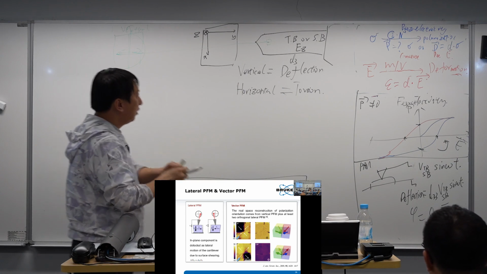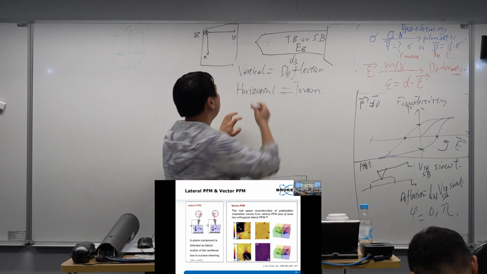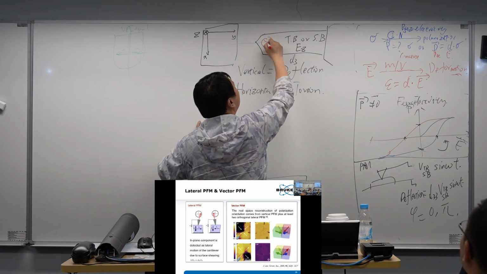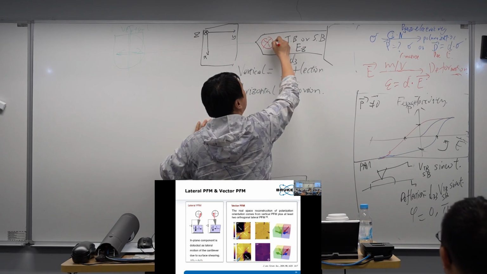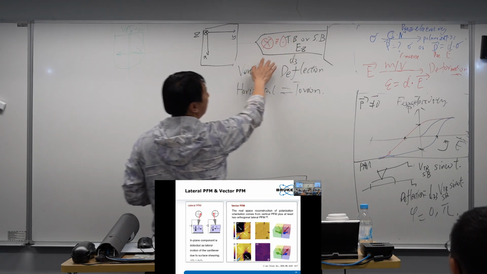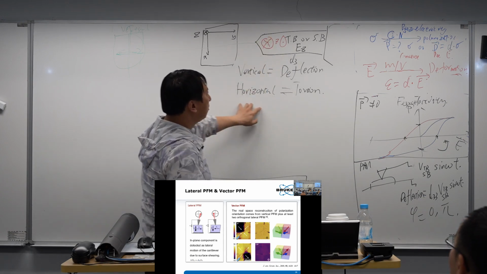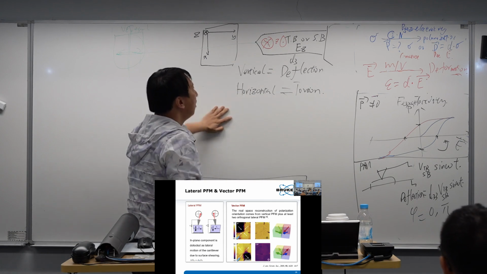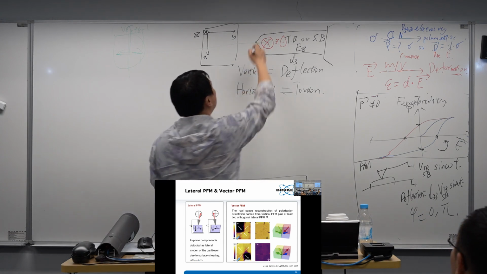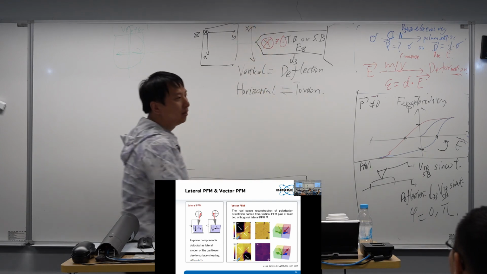So actually, the deflection or the vertical means we apply a force in the z direction, right? The probe just sends a force in this z direction. And what about the horizontal? Horizontal just means we apply a force in the x direction, right?